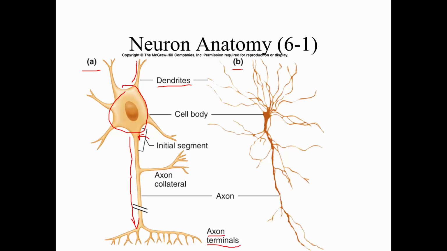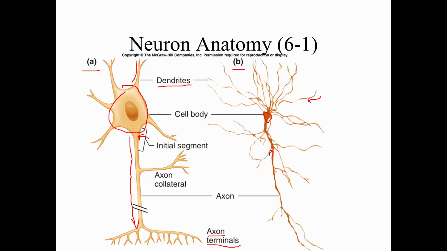This, in figure B, is an actual neuron in which dye has been injected. So here's the dendrite bringing information to the cell body. Here's your cell body right here. And the trigger zone is perhaps in this area. It's hard to say.